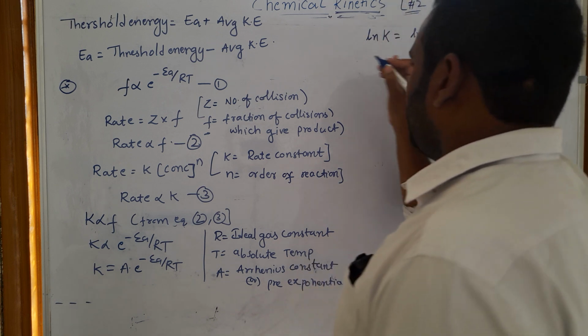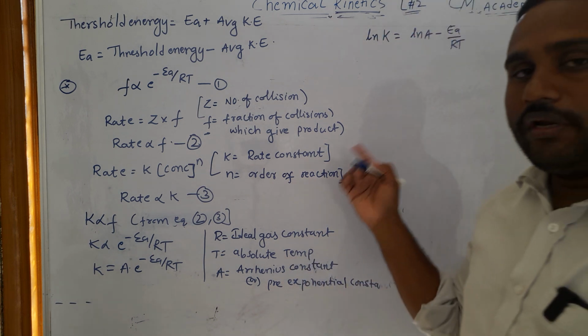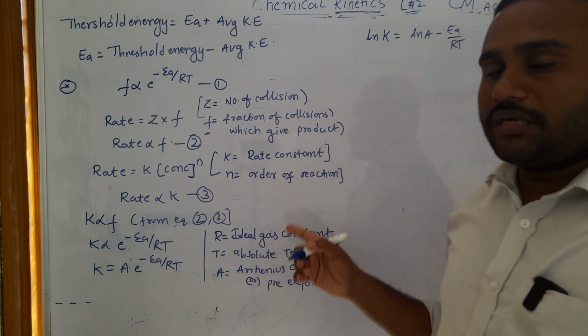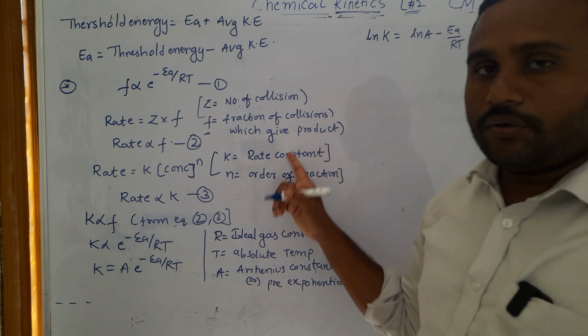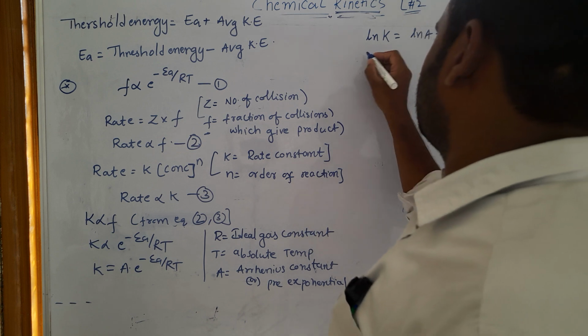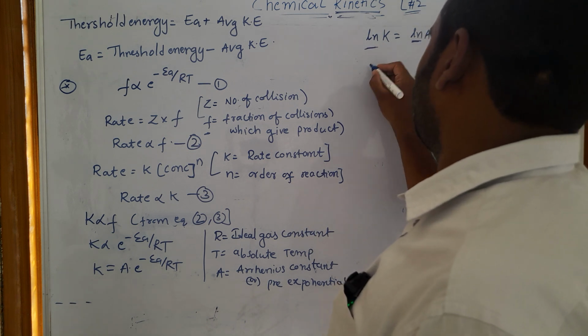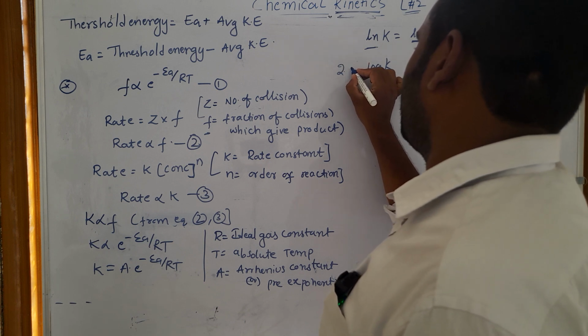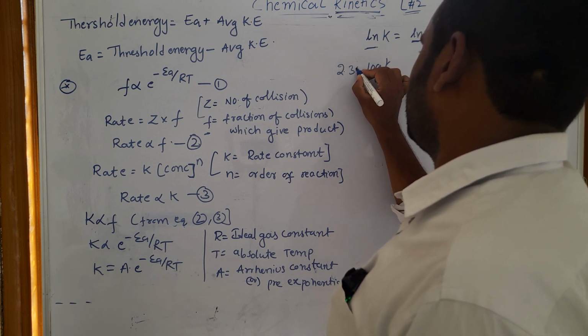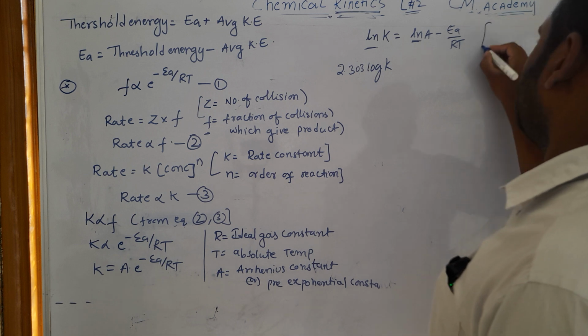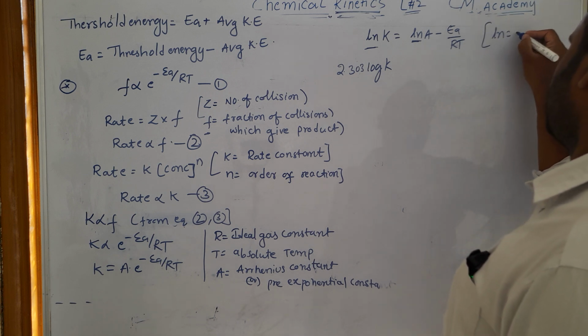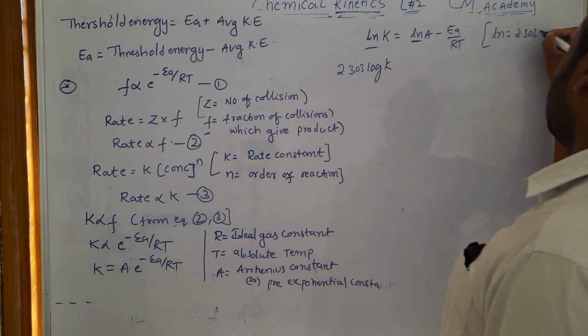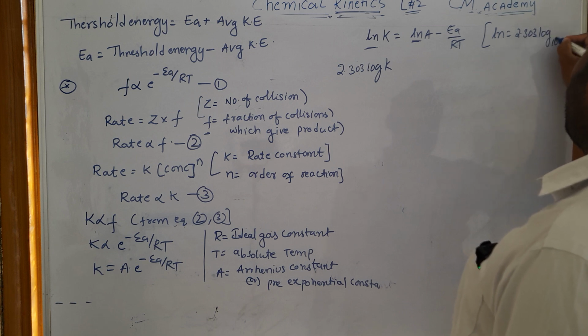When you want to remove this natural log, we need to use log base 10, and multiply with 2.303, because ln is equal to 2.303 log base 10.